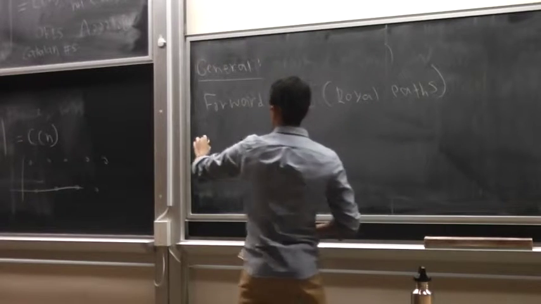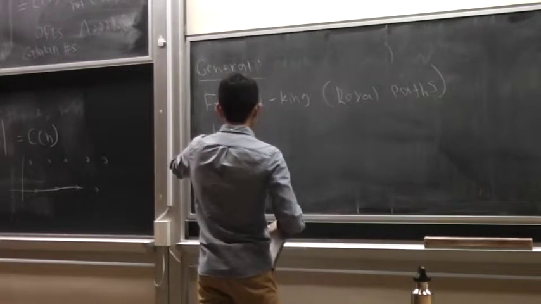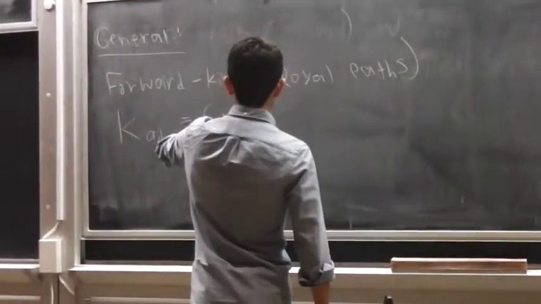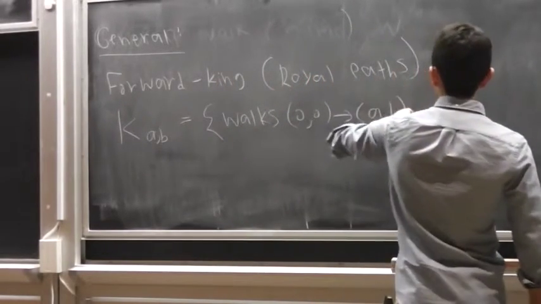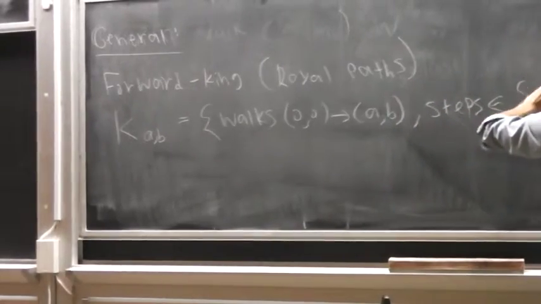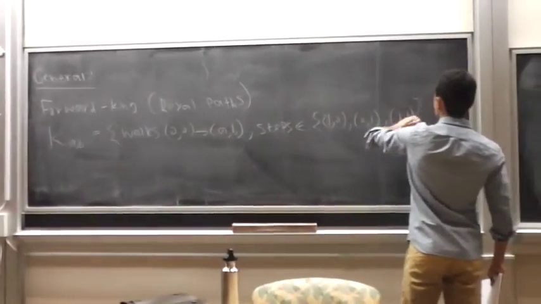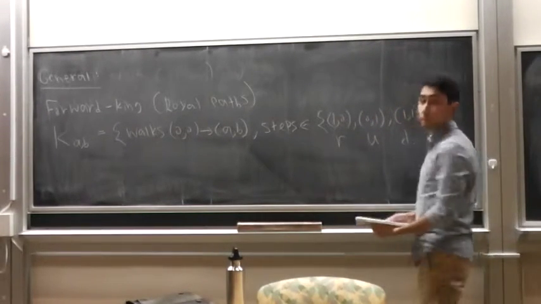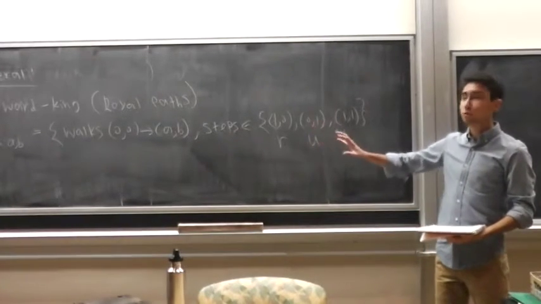So let's use the same notation. K_AB equals the set of all walks from (0,0) to (a,b) with steps (1,0), (0,1), and (1,1). So we can go to the right, we can go up, or we can take a diagonal step. It's like a king on an infinite chessboard, and it moves always forward.